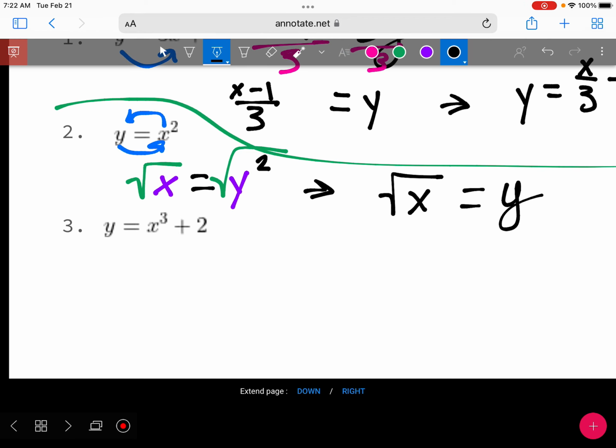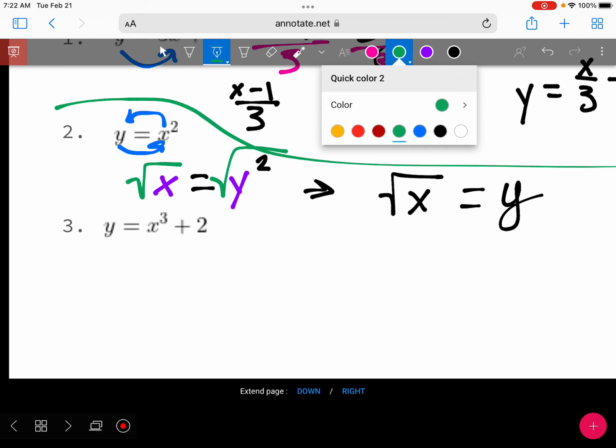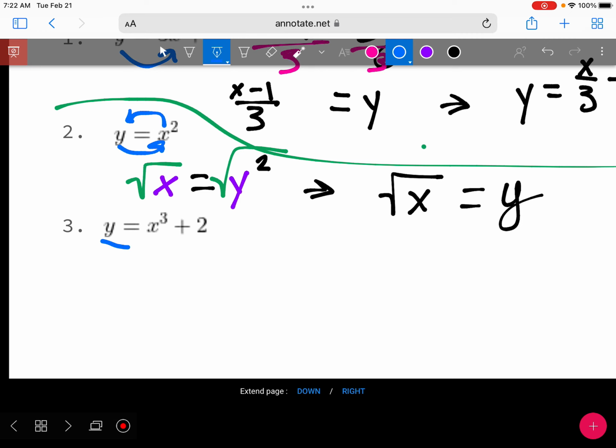Last one, same process. We are going to switch my x and my y. That's how we make that inverse. It's going to give us x equals y cubed plus 2.